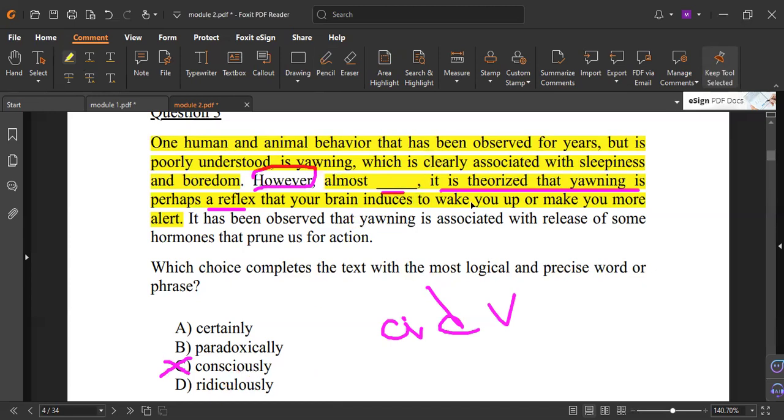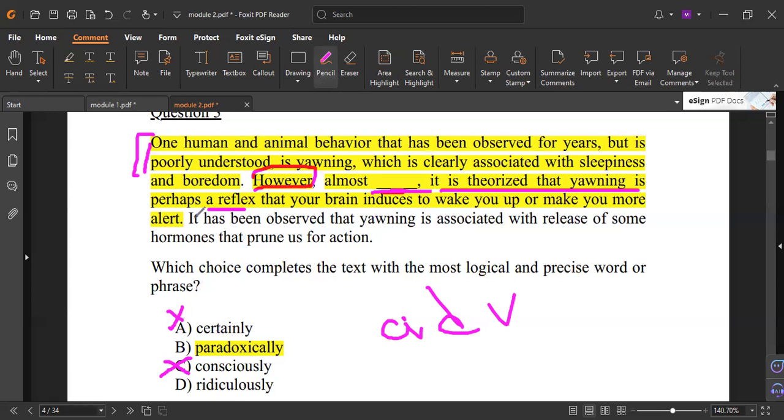Ridiculously does not describe this as this is a ridiculous idea. But paradoxically means already, however, opposite to something mentioned before. If however makes me find an idea here opposite to the previous idea, that's why if you said A, this is synonym to the previous. So A is opposite. Feel that?